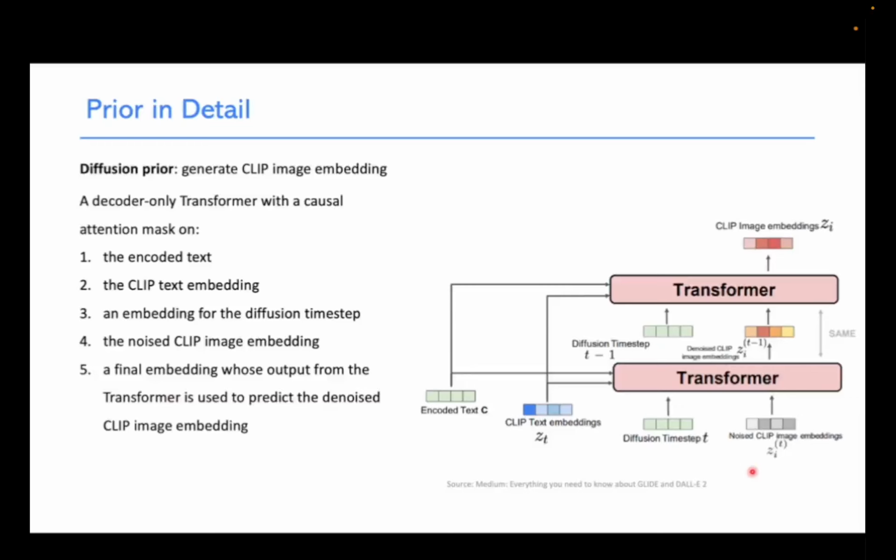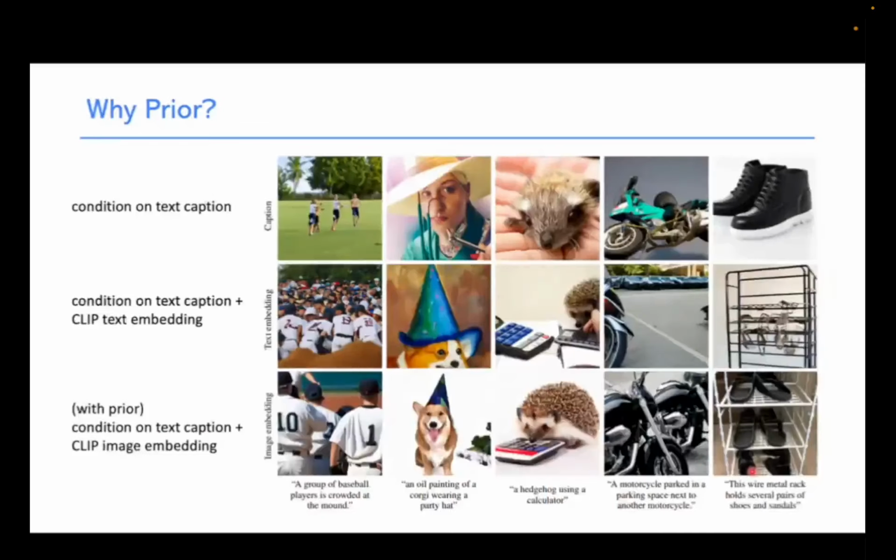Gotcha. Okay. So actually, the prior is not strictly necessary for image generation. For example, we can train the model conditioning only on the text caption. We can also condition on the text caption and text embedding. We can also condition on the text caption and image embedding with the existence of the prior.